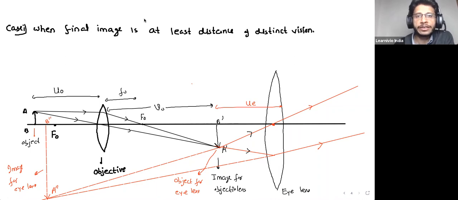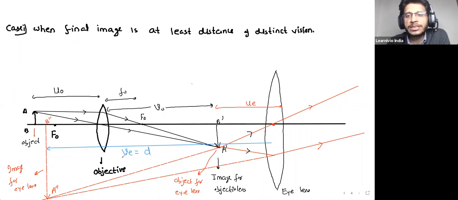And this whole distance is VE, the image distance for the eye lens. I call this VE, which is equal to D, because we are claiming that your final image is at the distance of distinct vision. So the final image is virtual, it's not a real image.